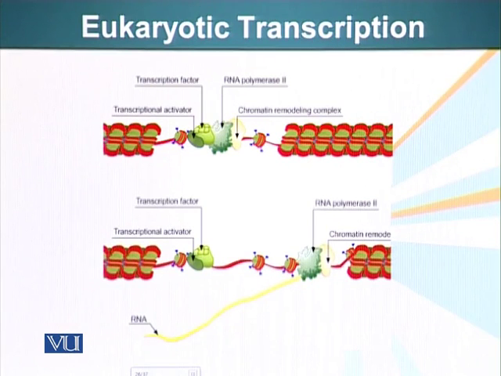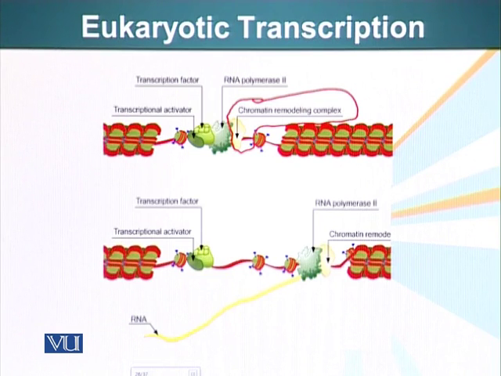We have the chromatin remodeling complex. If you want to think about it, it is like a bulldozer in front of the rest of the cellular machinery. The function of this bulldozer is to smoothen the road. It is basically getting rid of the obstacles, which are the histones or the proteins around which the DNA is bound.